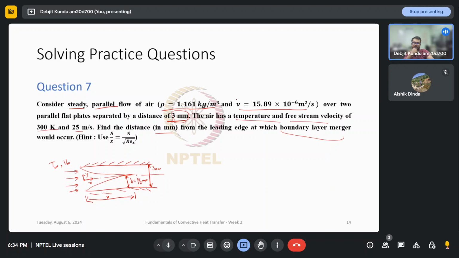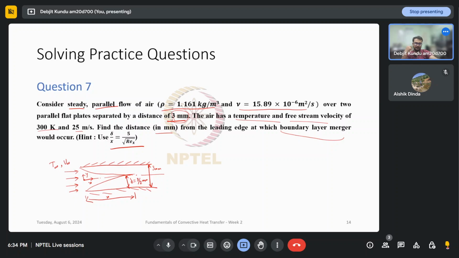Do you want to take a shot at solving this problem? We have given a hint as well that delta by x should be equal to 5 over square root of Reynolds number. So take a shot at solving this problem, and you can either type in the chat box or you can unmute and answer as well.